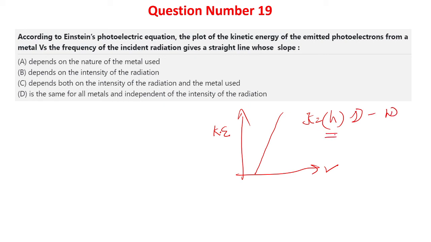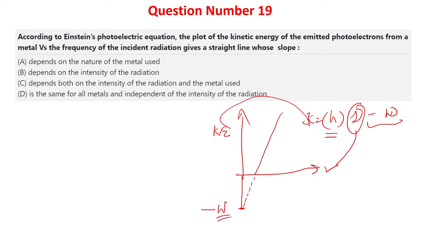So this is the slope of the graph, this is a variable, this is a variable, and this one is called the intercept on the y-axis. The graph was extrapolated a little and it intersected the y-axis at minus w.